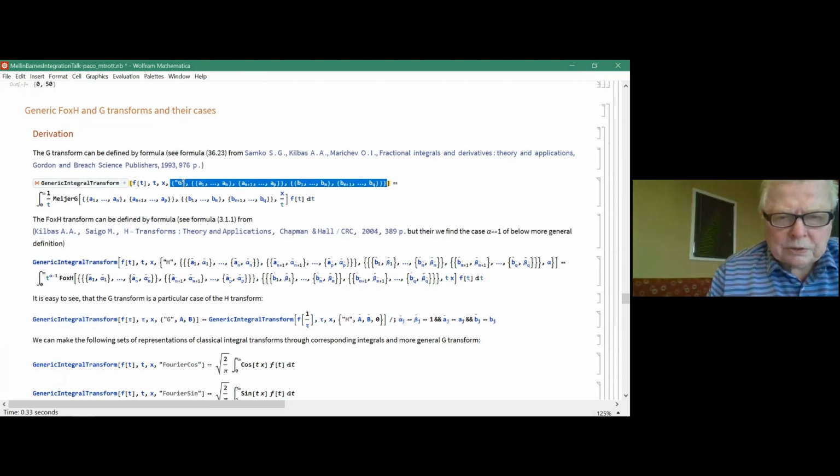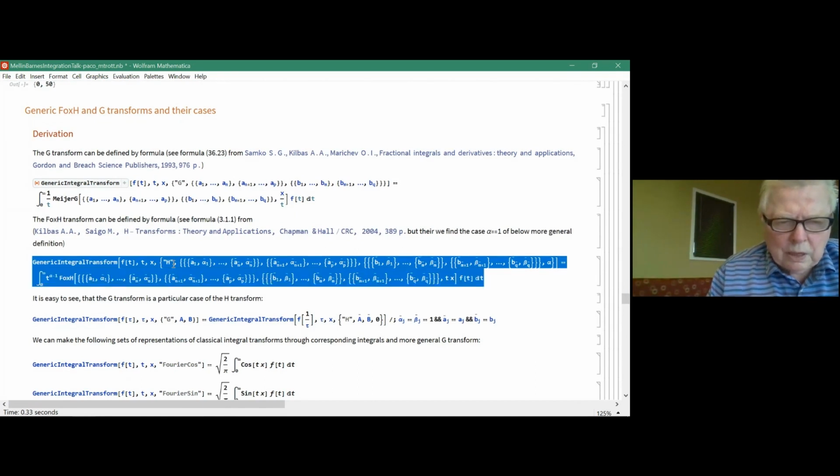It is presented in demonstration of Paco. In this zebra graphics, you can find line with G transform, and you cannot find line with H transform, FoxH transform. This line will appear later.